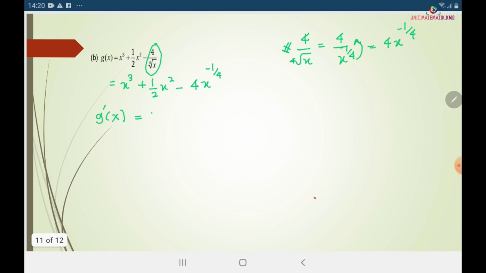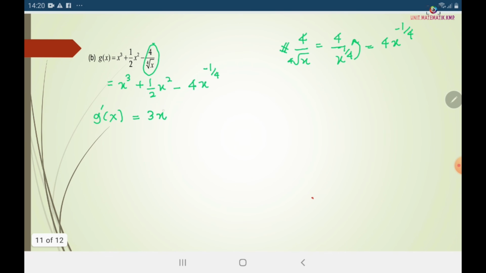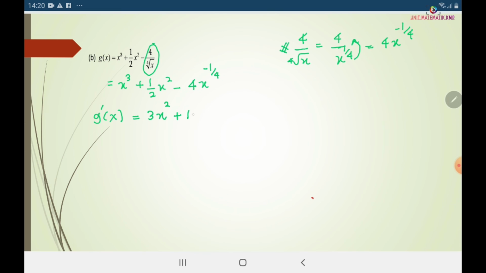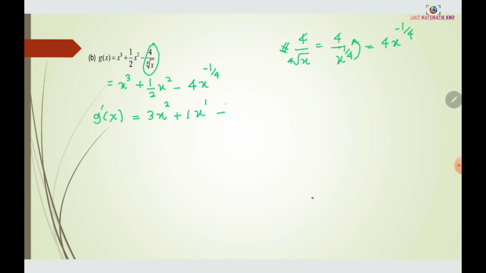So we have g prime x equals to differentiate x cubed, so we will get 3x squared plus, so 1 over 2 multiplied with 2, so we get 1, then x power of 2 minus 1 is 1, minus 4 times negative 1 over 4, it becomes positive because here is minus times minus, so it becomes positive. 4 times 1 over 4 becomes 1, and then x power of negative 1 over 4 minus 1.